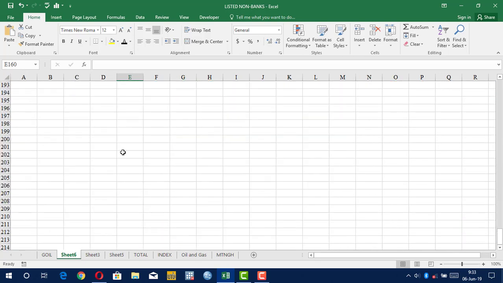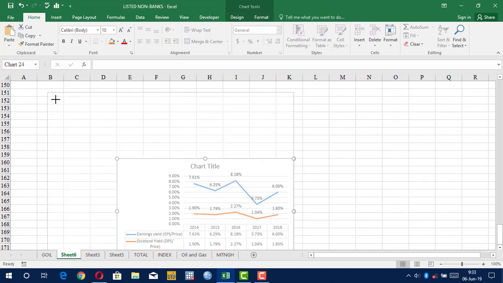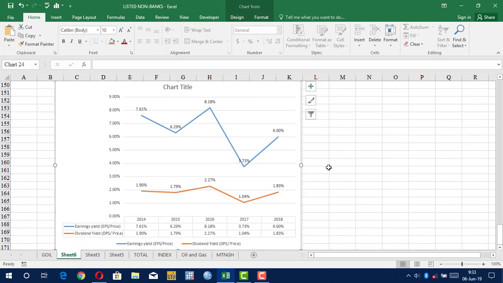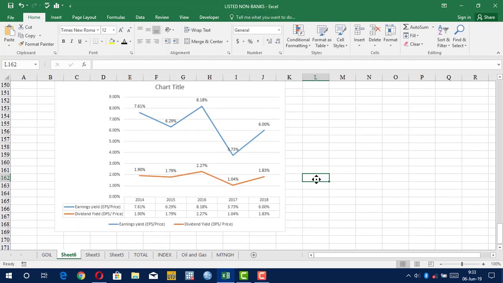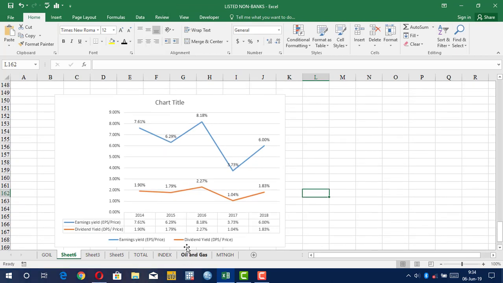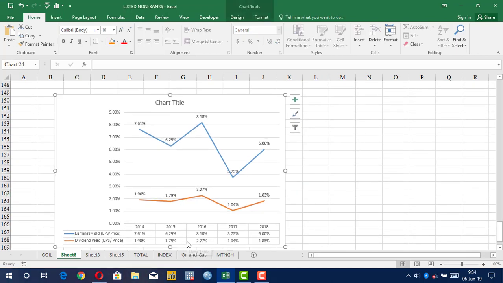Okay, so let's paste it here. Now let's see how the company has fared. We explained the earnings yield to be the amount of earnings per share that you are likely to get if you are to invest in the company, or for any investment that you make in the company.